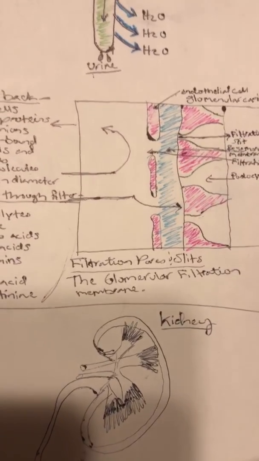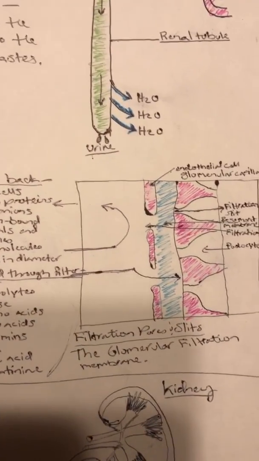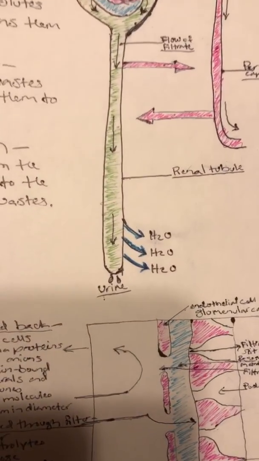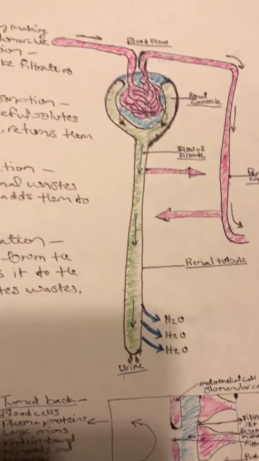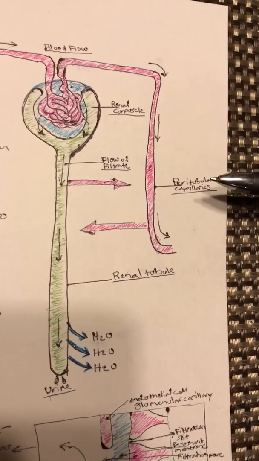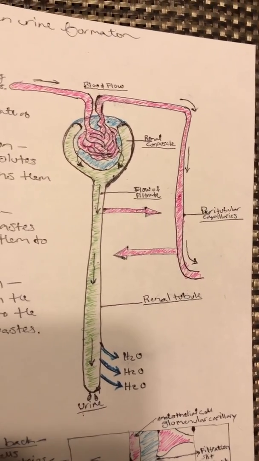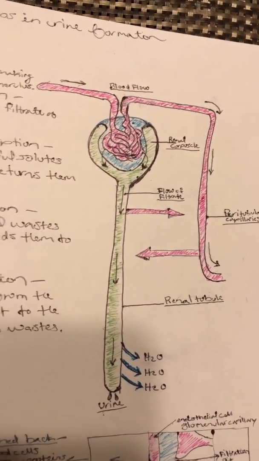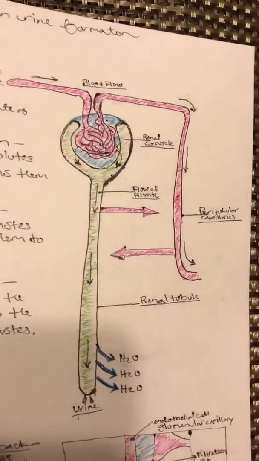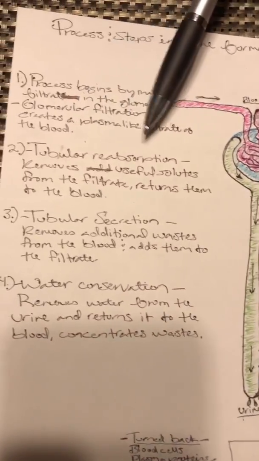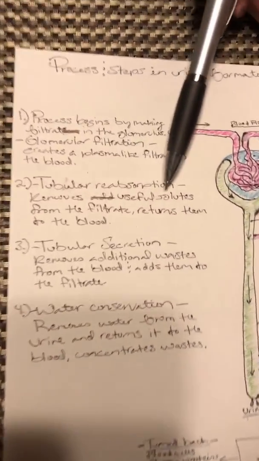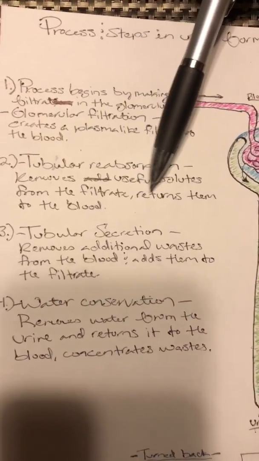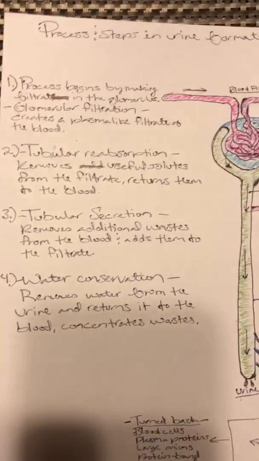The nephron loop reabsorbs some water and sodium and aids the collecting ducts in conserving water. The distal convoluted tubules also absorb small amounts of water. So the tubular reabsorption removes useful solutes from the filtrate and returns them to the blood.